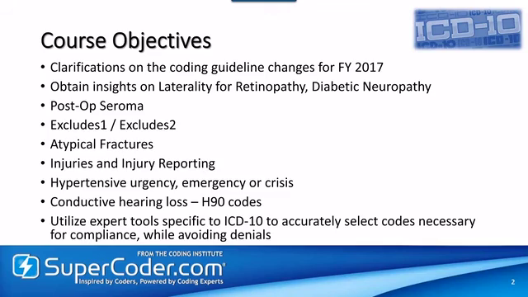We'll know the changes that impact our Excludes 1 and Excludes 2 notes, how to properly report atypical fractures, the changes that impact injuries and injury reporting, and the differences among hypertensive urgency, emergency, and crisis, along with the updates to the conductive hearing loss, and how you can utilize expert tools to accurately select codes necessary for compliance while avoiding any denials.